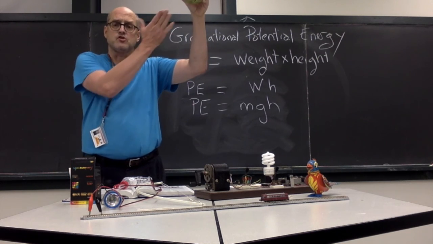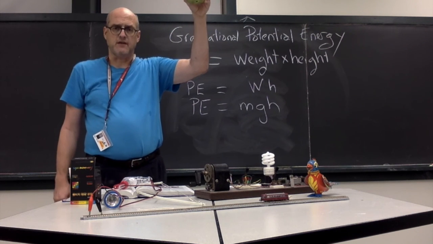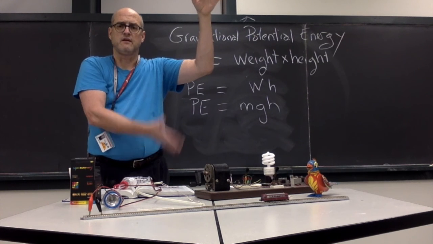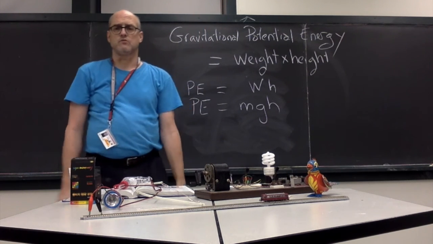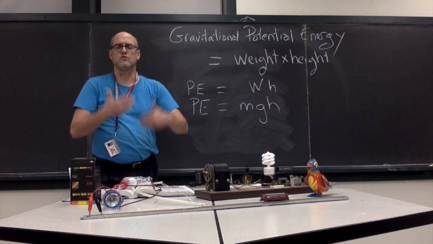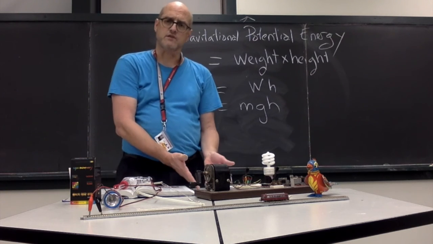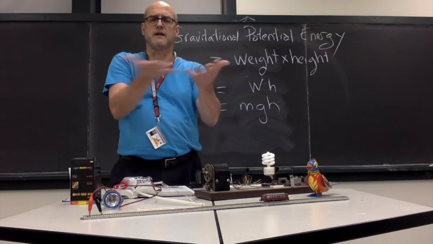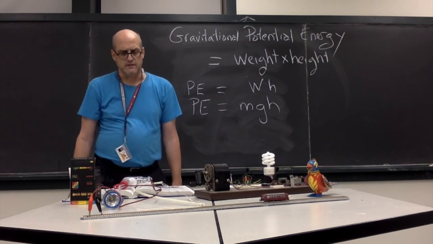Now, I can prove to you that it has energy, because upon release, notice it gains energy of motion, which is called kinetic energy. And then of course that energy is transferred into the table, which causes the table to shake, and you got that sound when it hit the table.